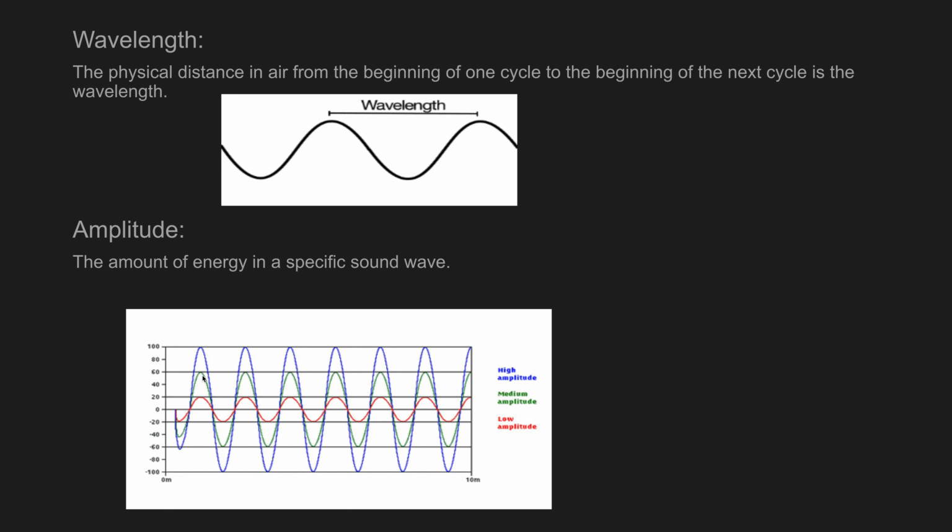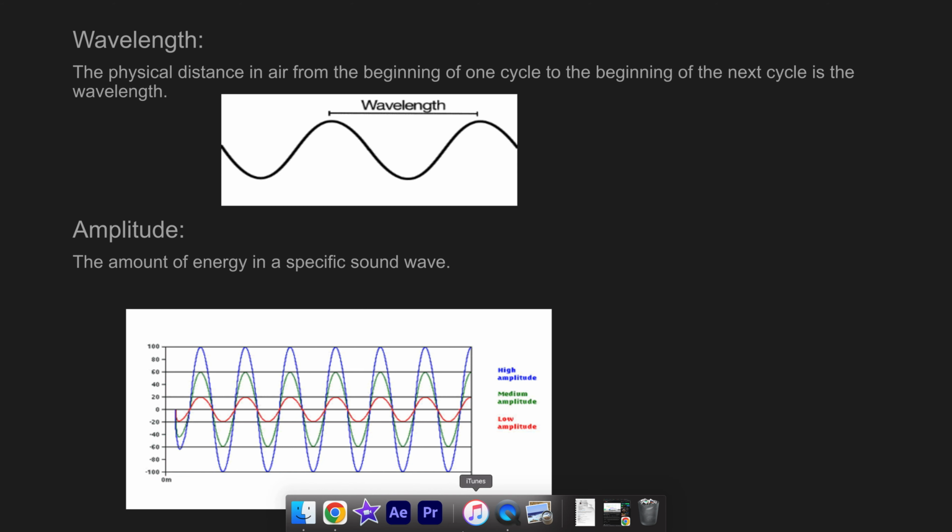And you can see the crest and the trough will always mirror each other in a linear wave, symmetrical wave. High amplitude goes all the way up to 100 on this representation. It goes down all the way up to 100. Okay, so the bigger the wave basically looks, the higher the amplitude.